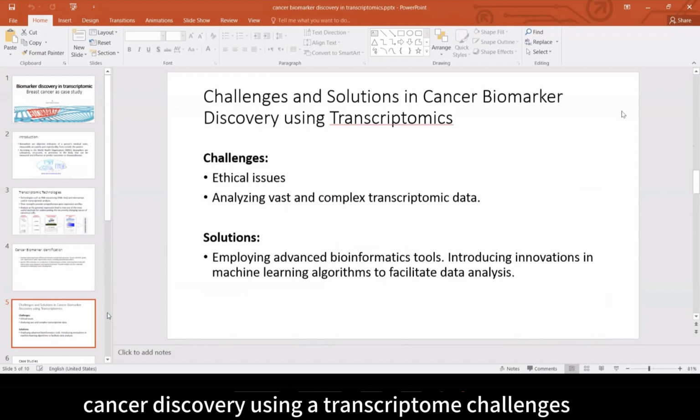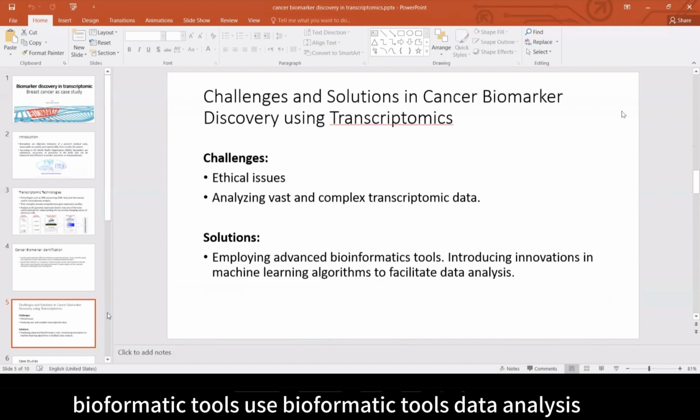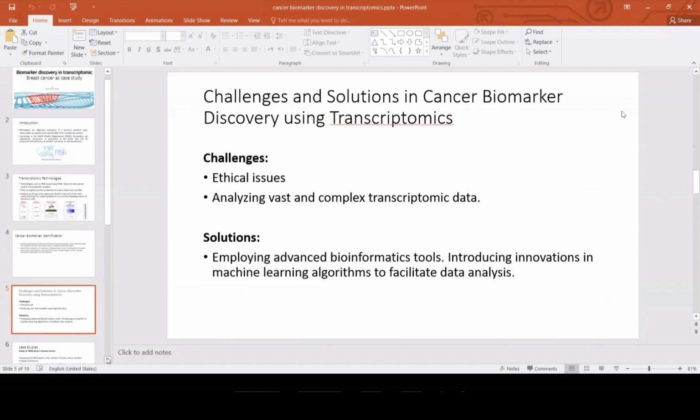The challenges and solutions of cancer biomarker discovery using transcriptomics. Challenges: efficient tissue analysis, vast, complex transcriptomic data. Solution, advantage: use bioinformatic tools for the data analysis.